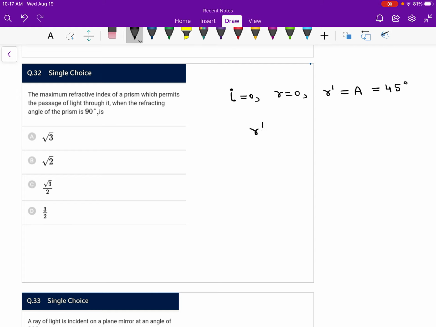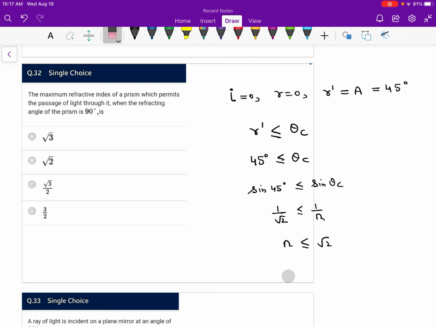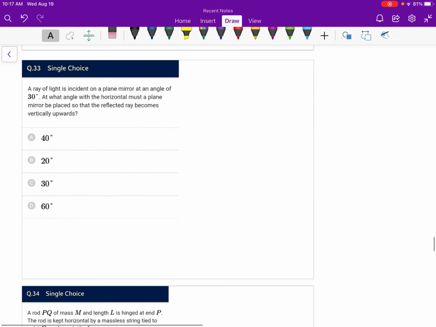So r dash should be less than theta C if all the light emerges. So 45 degree is less than theta C. So n maximum is root 2. So B is the correct option.